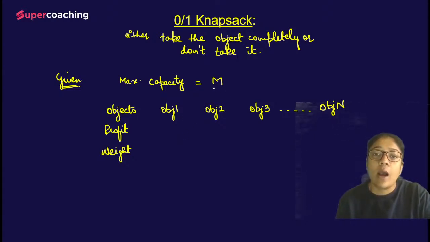So you have to select objects in such a way that they should not exceed the maximum capacity and it should return the maximum profit, right? So the goal is to get maximum profit. We need to maximize the profit.